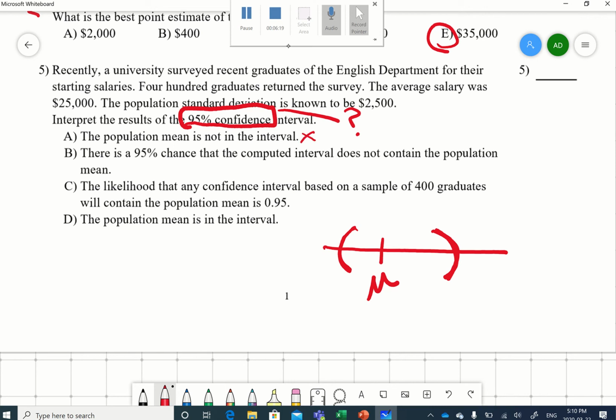There is a 95% chance that the computed interval does not, wrong. The likelihood that any confidence interval based on a sample of 400 graduates will contain the population mean is 95%. Correct. The population mean is in the interval. No. So see, this gives us the precise information.